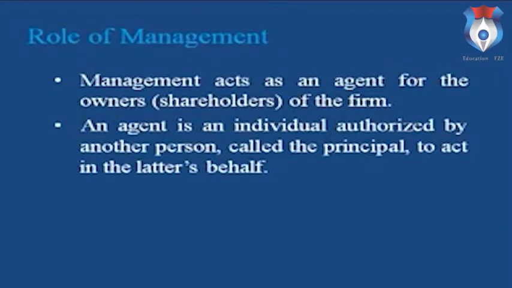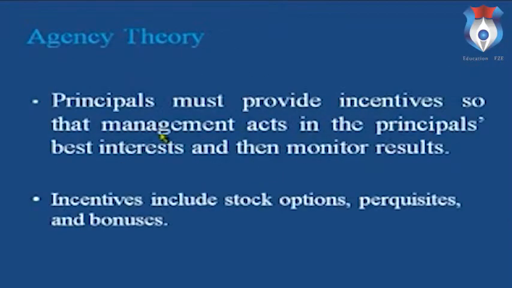Now, the agency problem basically states that principals must provide incentives so that management acts in the principal's best interest, and then monitor results. Who are the principals? Shareholders. So shareholders must provide incentives to the management to enforce management to work in the best interest of the shareholders.